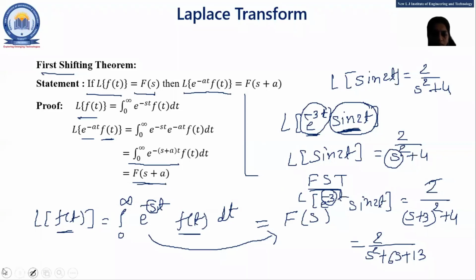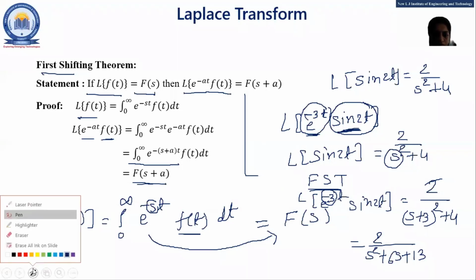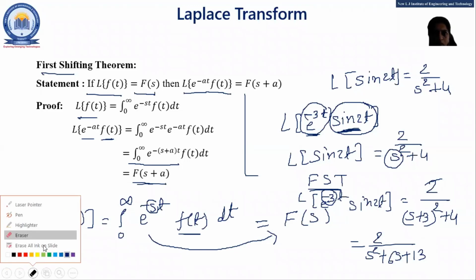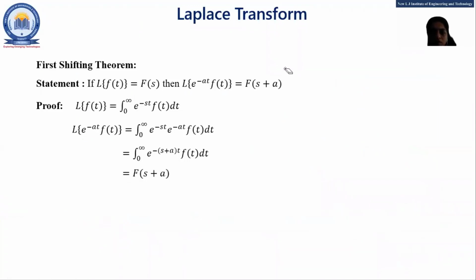See, suppose your question is like this: find the Laplace of e raised to 2t cos t.